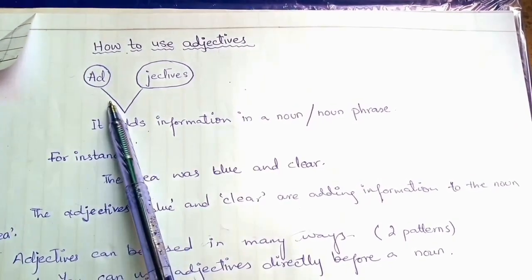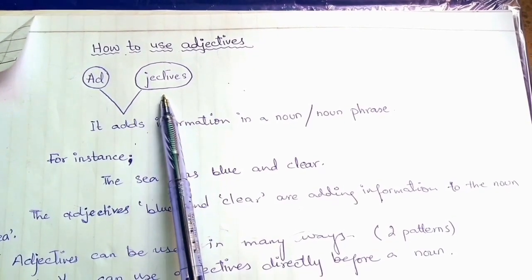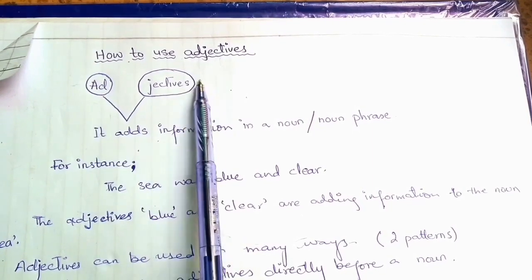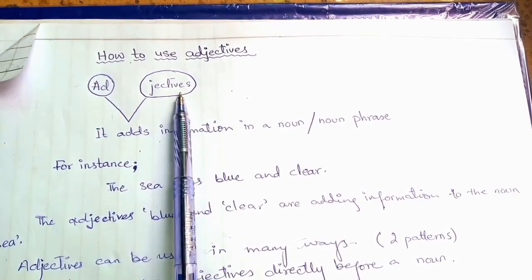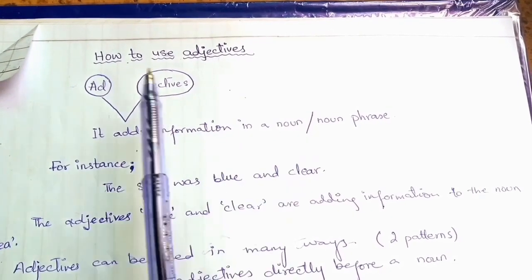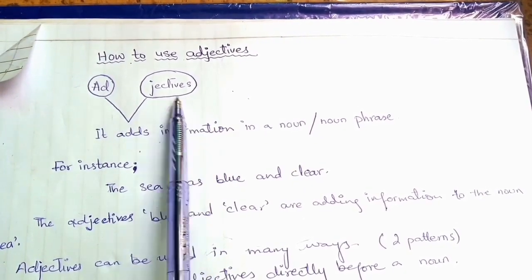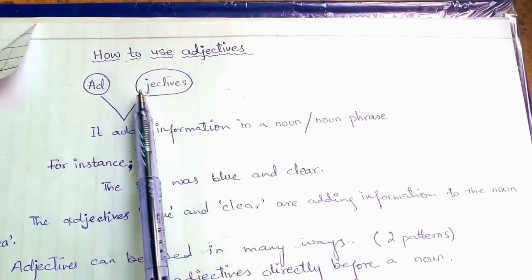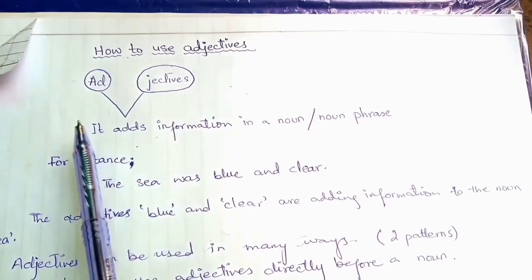Add means to include. Adjective means information. So on the whole, if you connect these two words together, then it means that it adds information in a noun. It adds information in a noun or a noun phrase. So this is called adjectives.